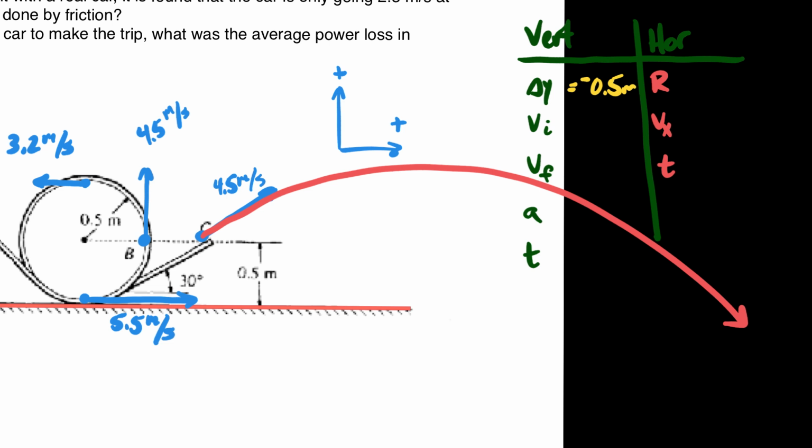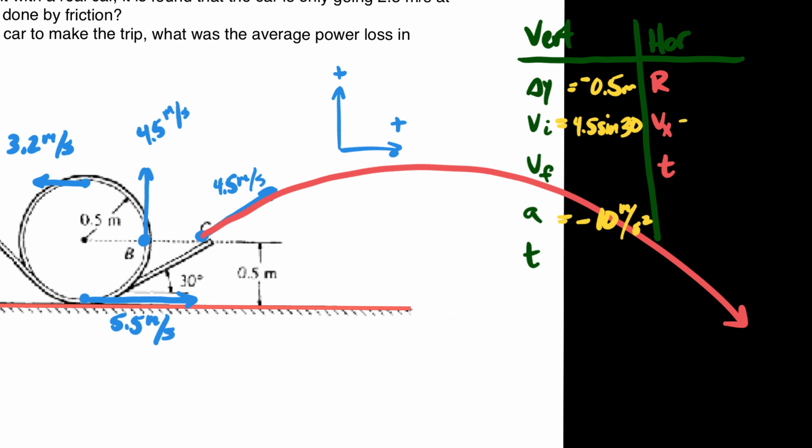So that would make that negative. Moving right along, the initial velocity is going to be 4.5 sine 30. Do you remember how to do that? Should have that little chart somewhere. We don't forget, we just don't use it all the time. Acceleration, negative 10 meters per second squared.